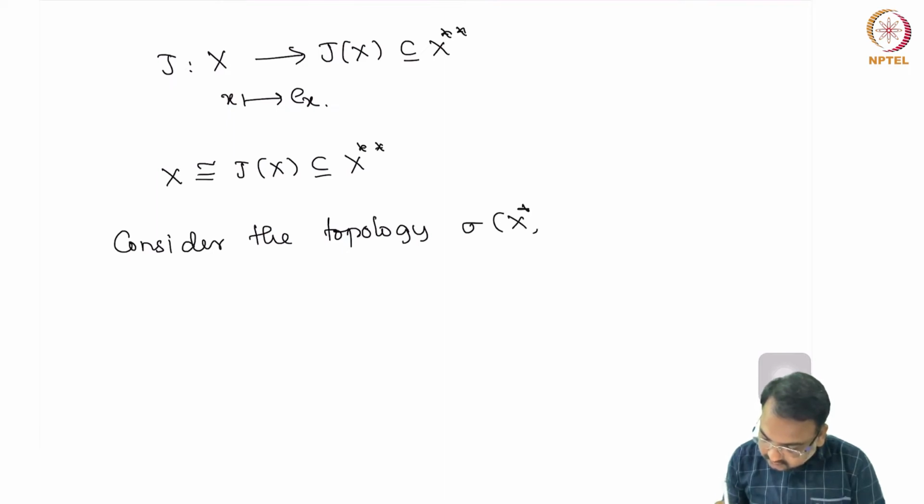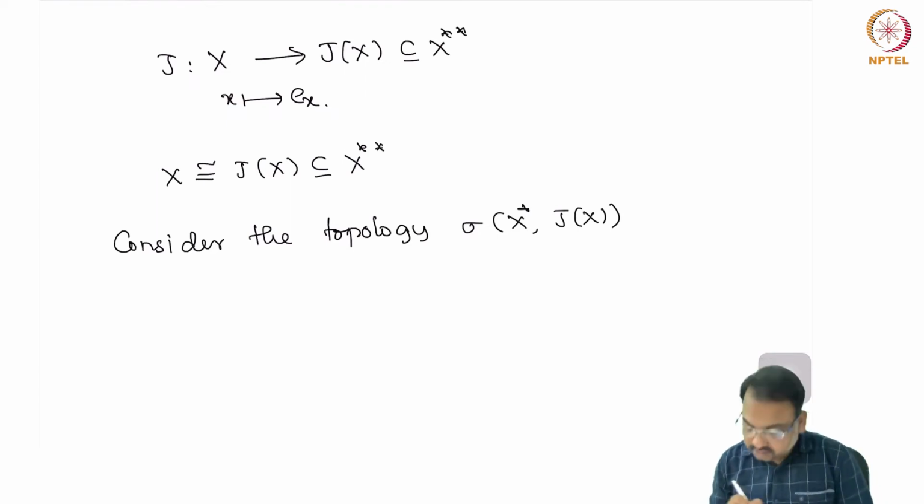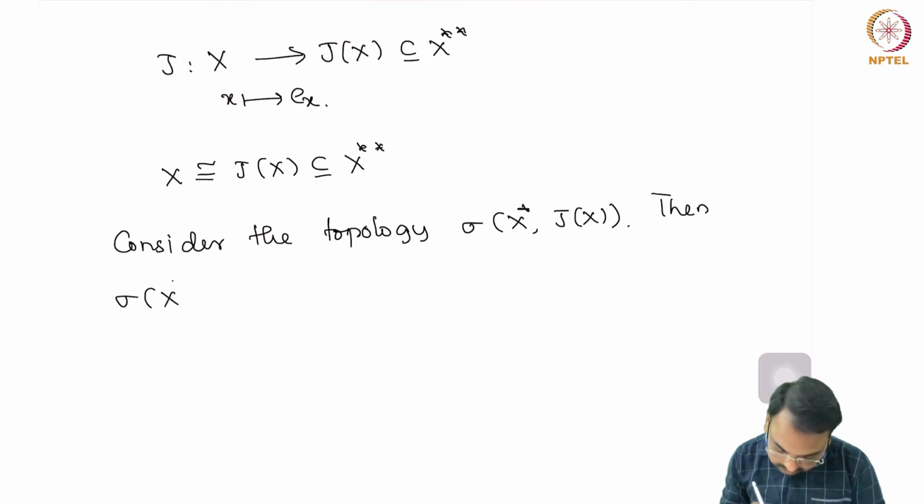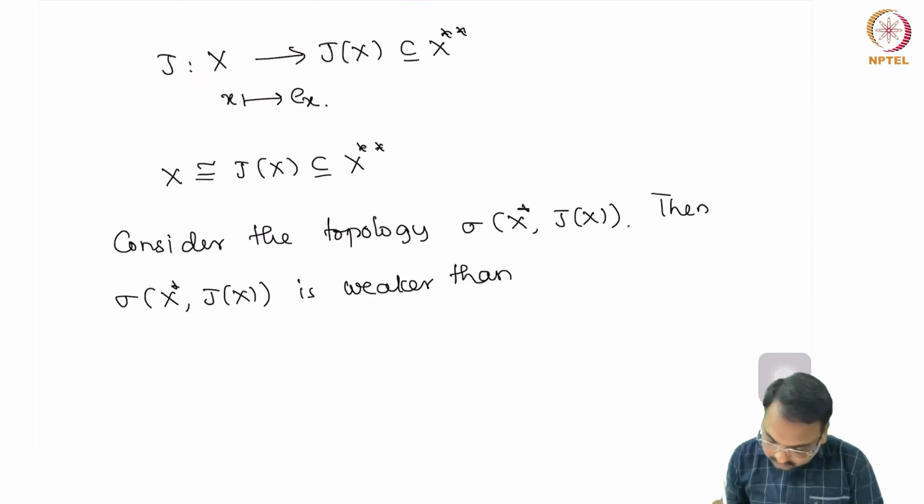Now look at the topology sigma(X star, J(X)). So this is weaker than sigma(X star, X double star).